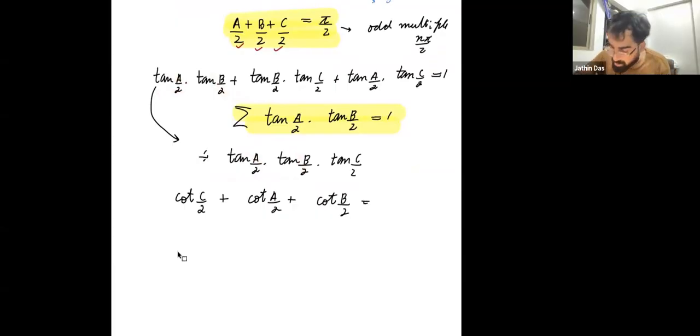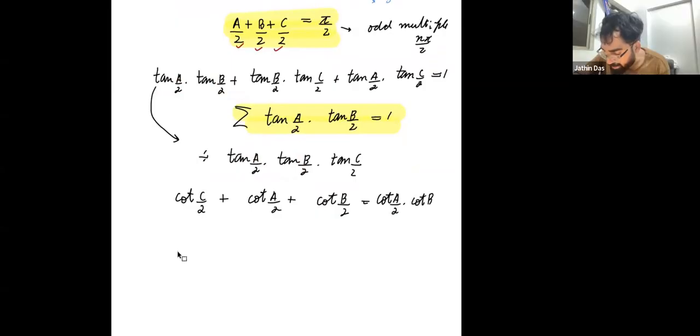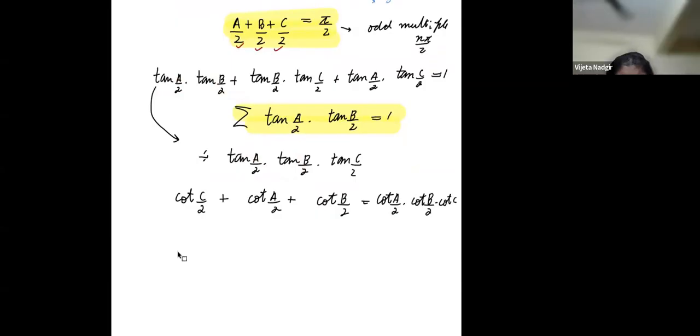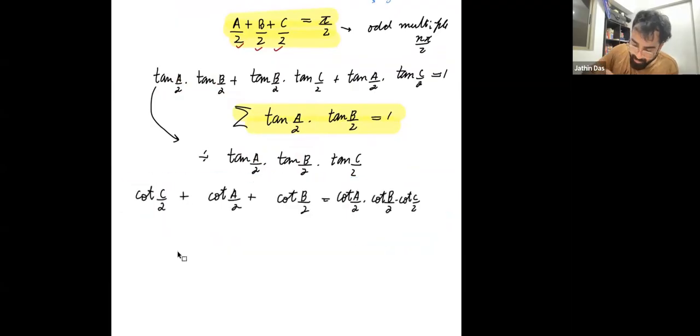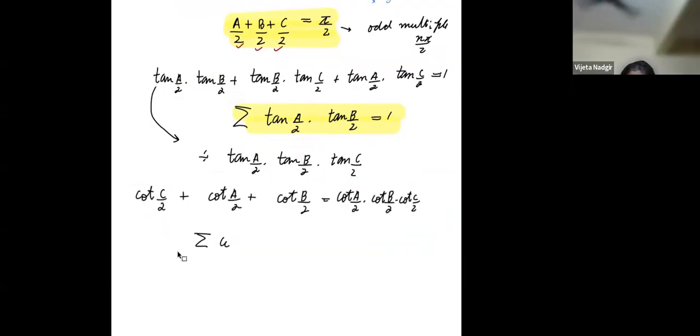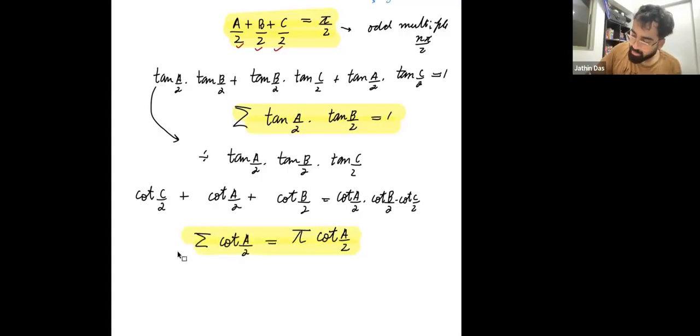That will be cot A by 2, cot B by 2, cot C by 2, because the entire tan will get inverted. Now this is like sum is equal to product. So sum of cot A by 2's is equal to product of cot A by 2's. This is the third result and this is the fourth result.